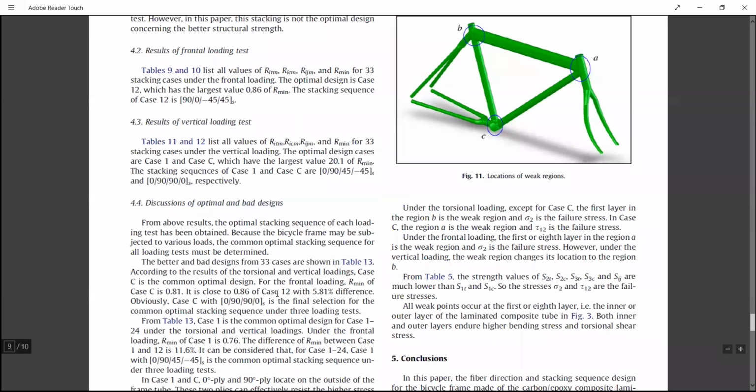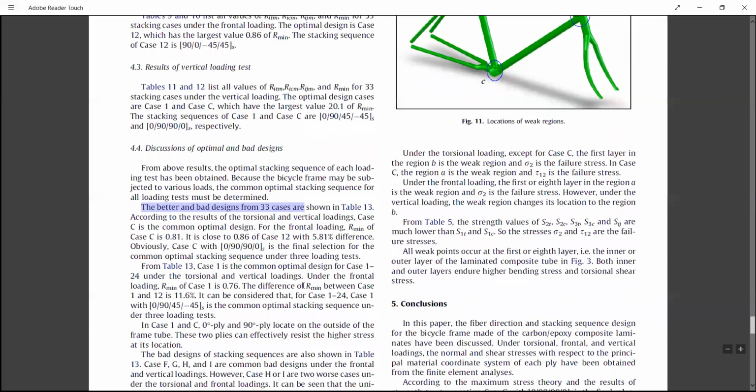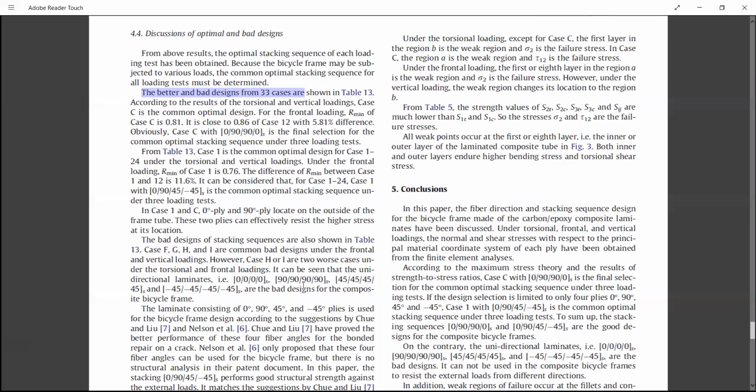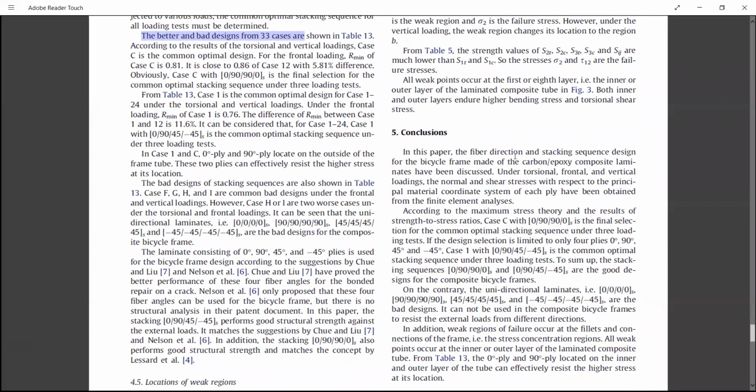Okay, so you have the better and bad designs from 33 cases. So they have oriented in different directions and different sequences. Okay, and then there is a discussion on this.